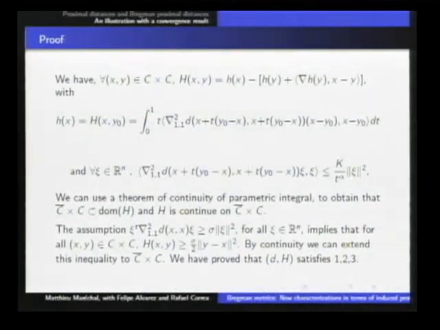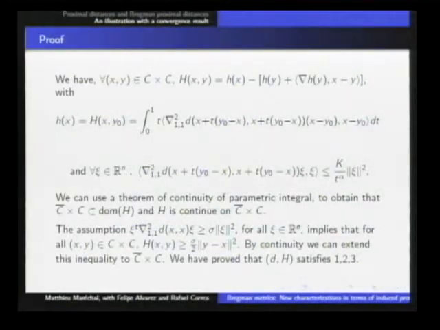Thus, I begin the proof. As we have seen in a previous slide, capital H is a Bregman function. Capital H can be written as h of x minus h of y plus gradient h of y times x minus y. With h of x, we have an estimation with the integral formula of the previous slide.